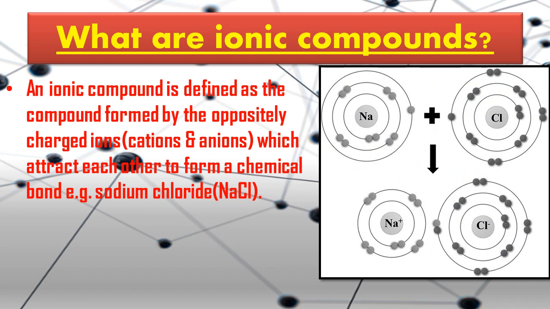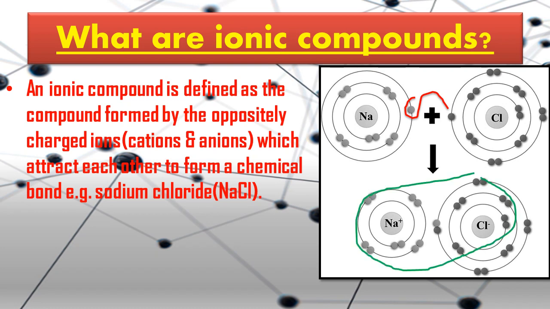Students, in the outermost shell of sodium there is one electron, so it will easily donate one electron to chlorine. Here sodium is a metal atom and chlorine is a non-metal. Sodium will lose its electron and chlorine will gain the electron, and due to this cations and anions are formed.